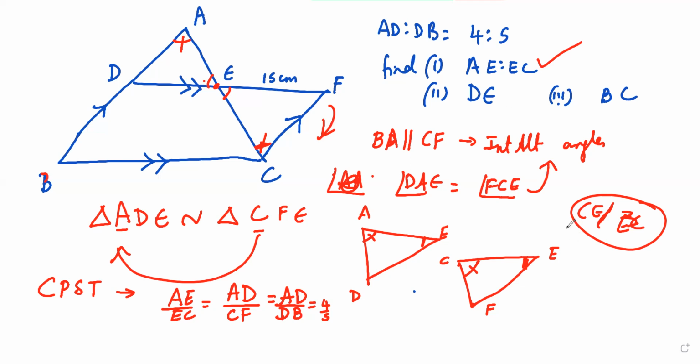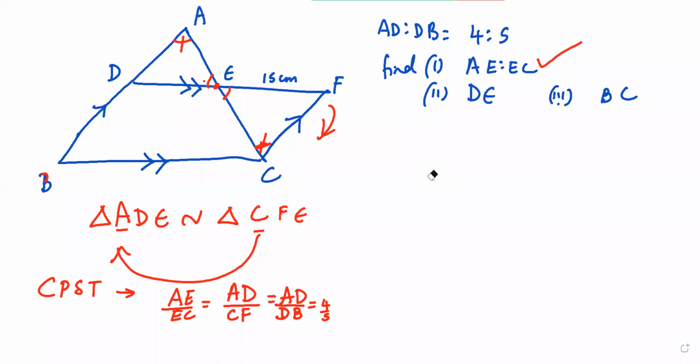Okay, next is we have to find DE. How to find out DE? Again, because the two triangles are similar, I'll take it from there because of CPST. What can I say? AD by DB is 4/5. DB is same as CF, isn't it?